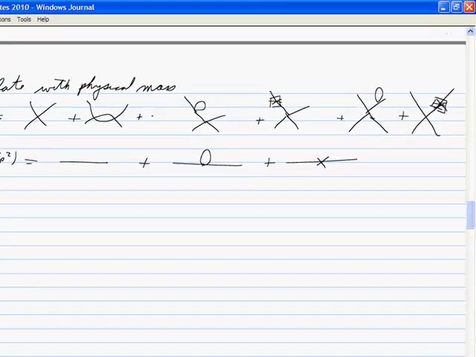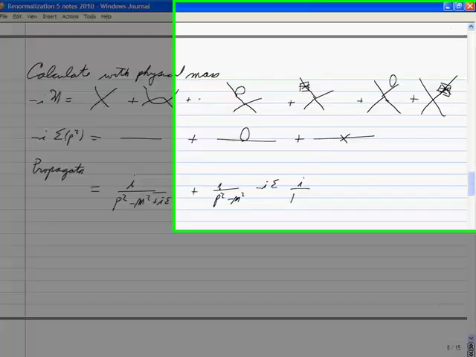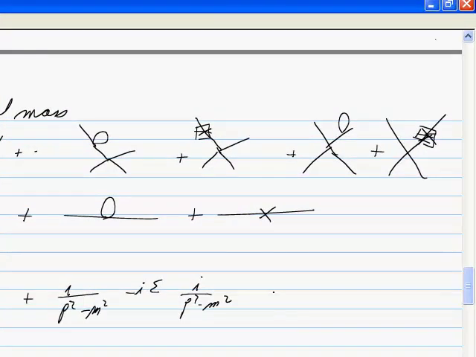So let's look at the propagator. We have i over p squared minus m physical squared plus i epsilon, plus this guy, minus i sigma, and then this guy is i over p squared minus m squared, i delta m.